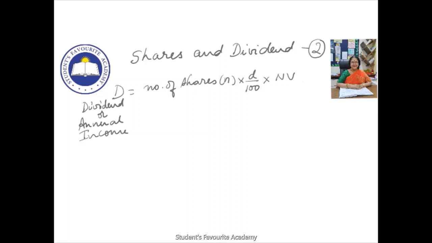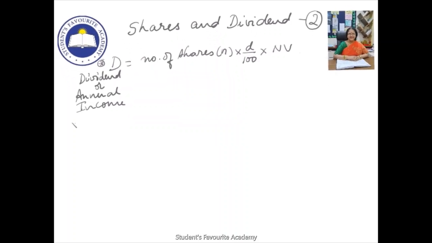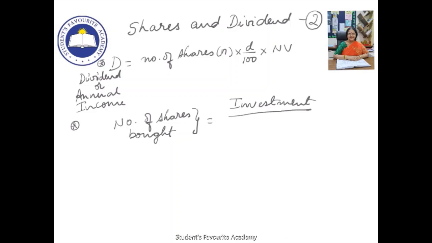Now the second formula that you learned is number of shares bought is equal to investment upon market value.